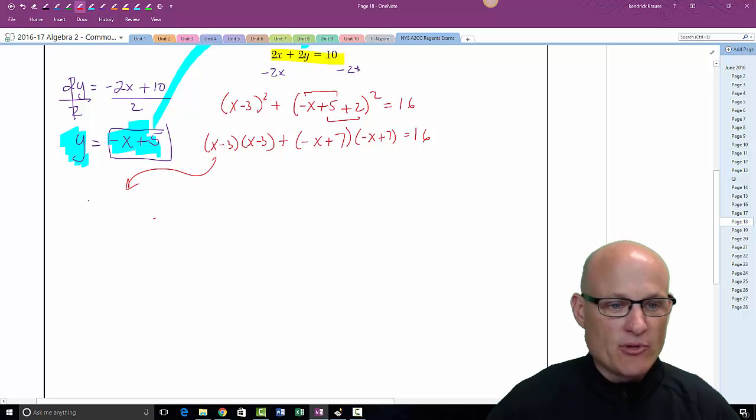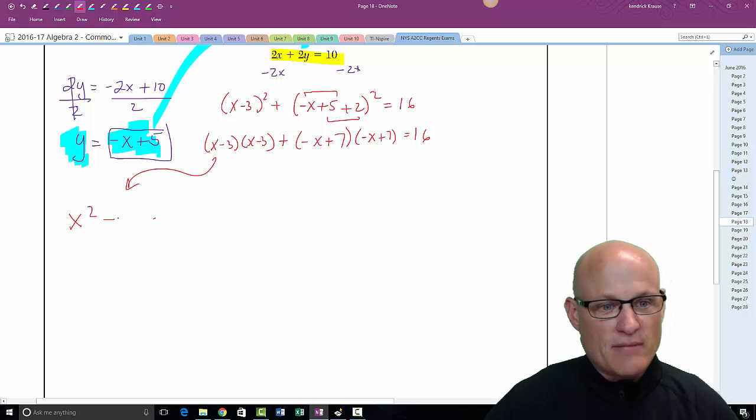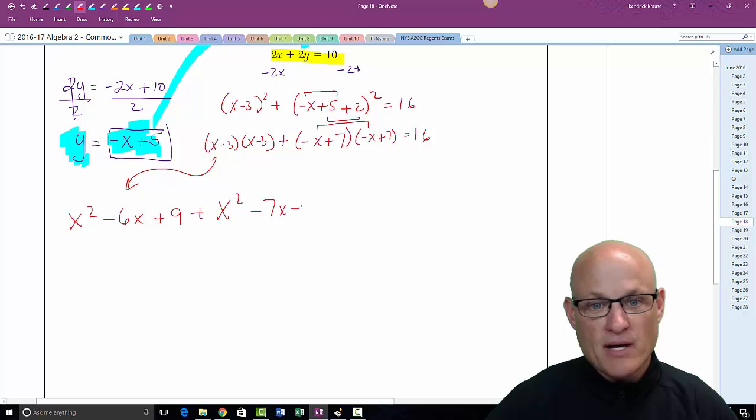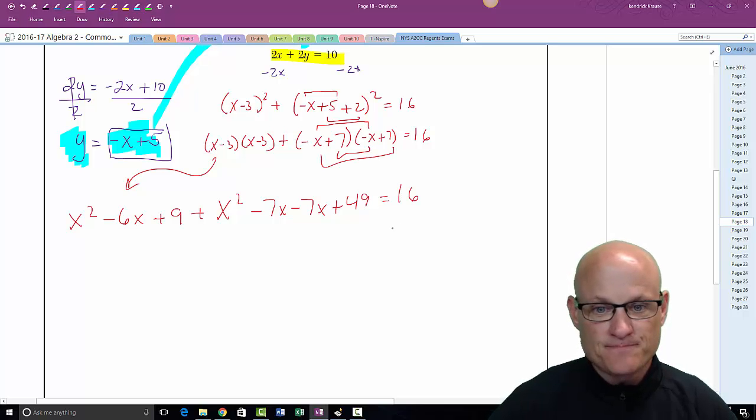All right, let's double distribute this. x squared minus 6x plus 9 plus, now negative x times negative x is still positive x squared, minus 7x plus 49, right? Because this is negative 7x and negative 7x, equals 16.